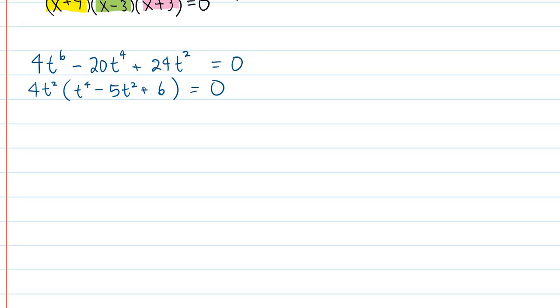This trinomial, I want to see if it's factorable. It's a little weird because it's t to the 4th, but notice it just follows the same form. Like if we had x squared minus 5x plus 6, you could factor that, and the x would just factor into x and x. So here, this is now just going to factor into t squared and t squared.